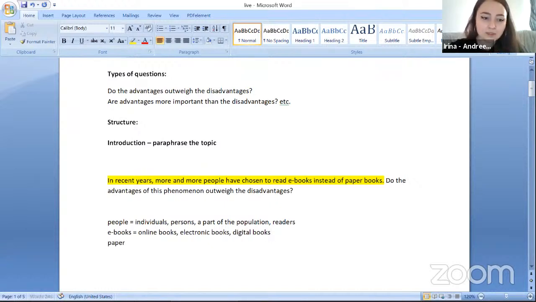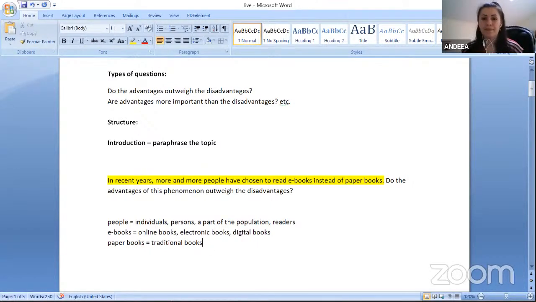And paper books. What kind of synonyms do we have here? Can be normal books. Not really normal. Maybe we can say traditional books. Yeah, let's not use the word normal in essays.